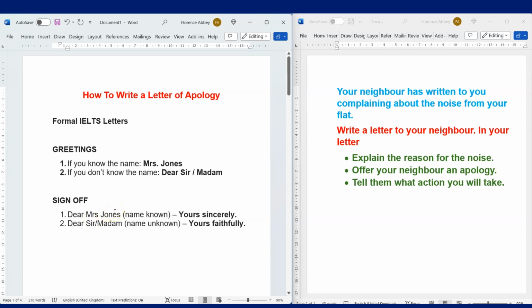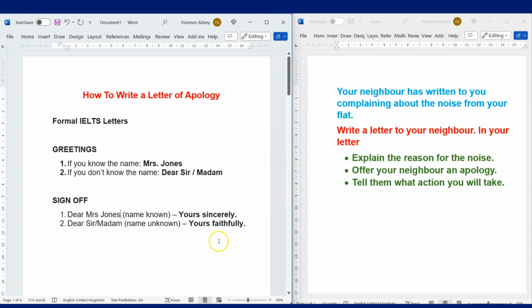That means that you know the name of the person. Sign off by writing yours sincerely. And if you don't know the person, if the name is not known, sign off by writing yours faithfully. Yours faithfully. All right.